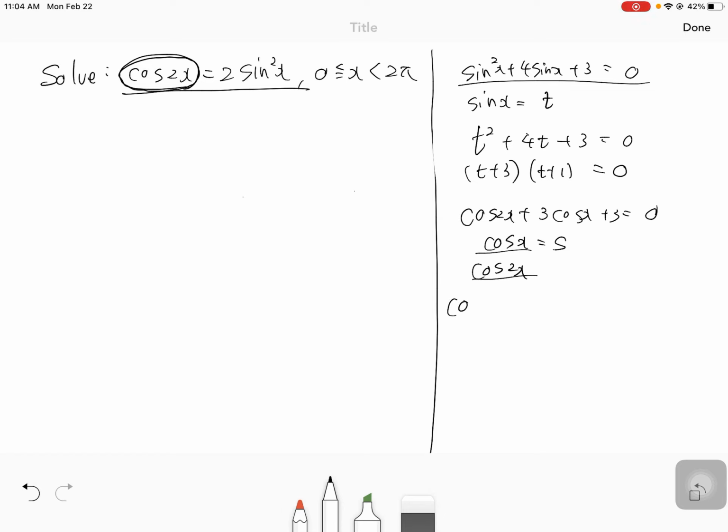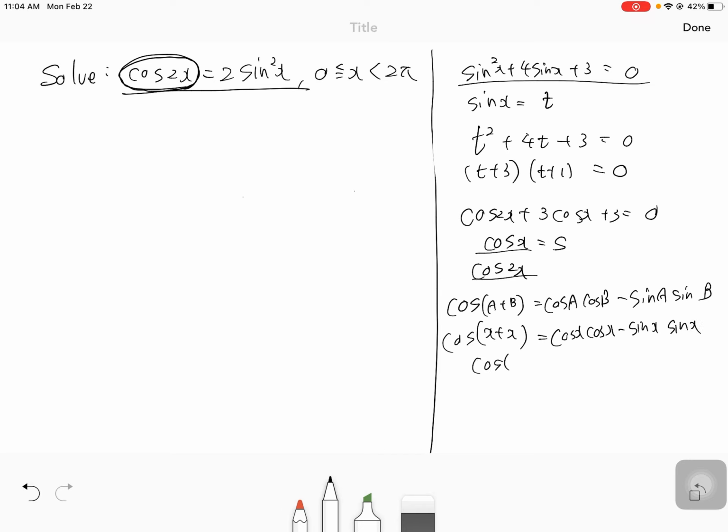Some identities is, for example, cosine a plus b is equivalent to cosine a times cosine b, negative sine a times sine b. In this case, it says cosine 2x. So let me write it like cosine x plus x is equivalent to cosine x times cosine x negative sine x times sine x.